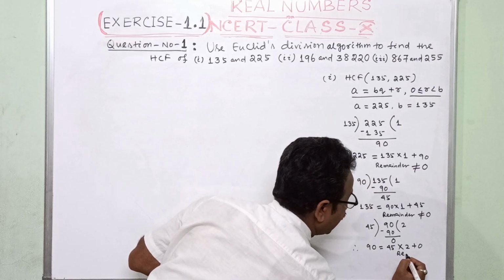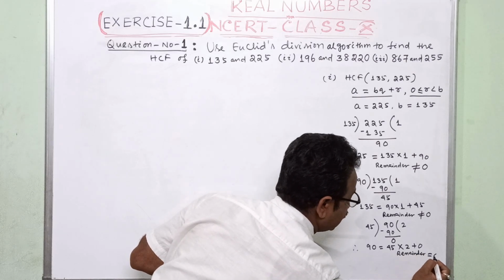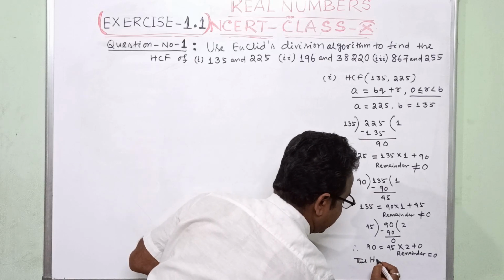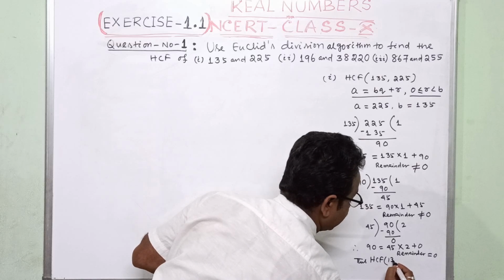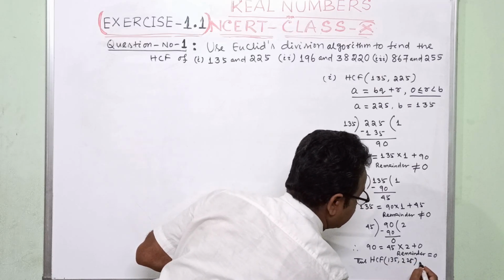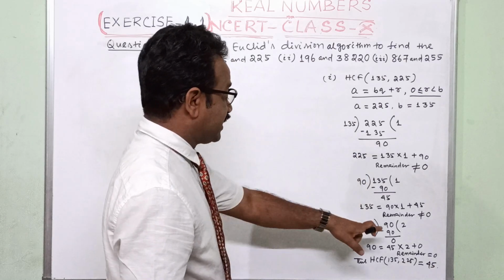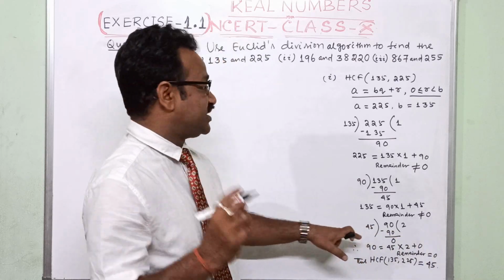Here the remainder is equal to 0. Thus HCF of 135 and 225 is 45. As you know, where the remainder is 0, that divisor is the HCF.